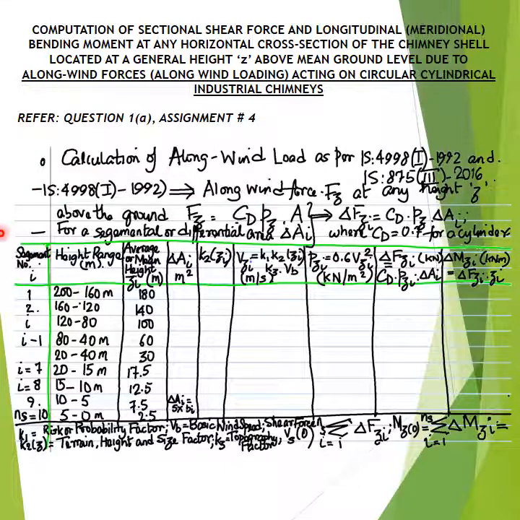Therefore, subdividing or discretizing the height of the chimney into 10 segments, in effect discretizing or subdividing the surface area of the industrial chimney normal to the wind direction or wind flow into 10 segmental or differential areas delta AI as presented in the table displayed in the current slide.